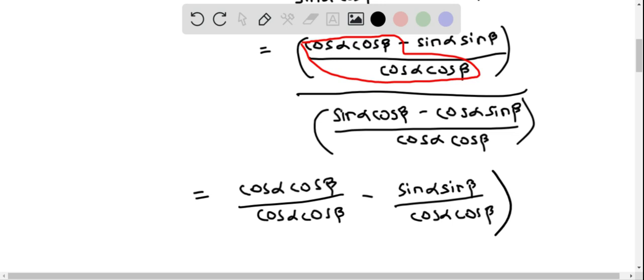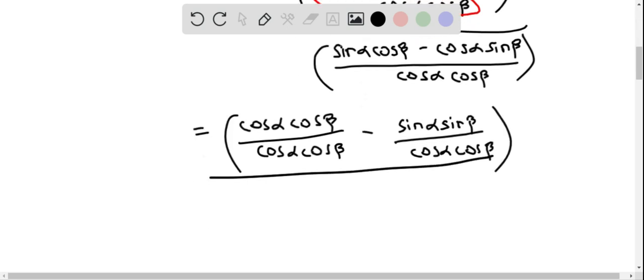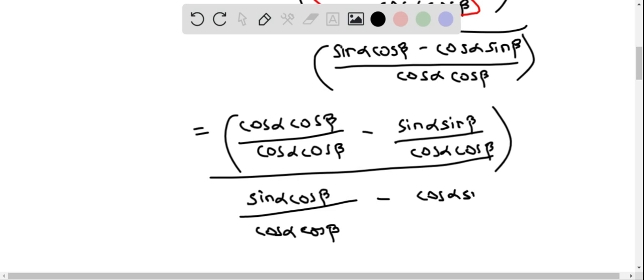This is the numerator part. Now this is all over the denominator part. Also we split this as two fractions. That is sine alpha cosine beta over cosine alpha cosine beta minus cosine alpha sine beta over cosine alpha cosine beta.